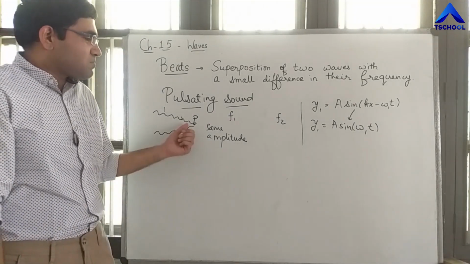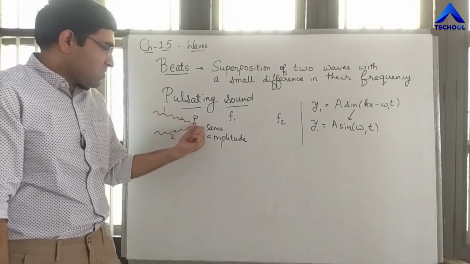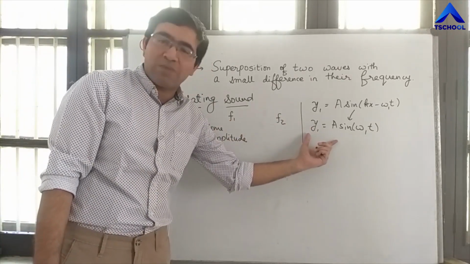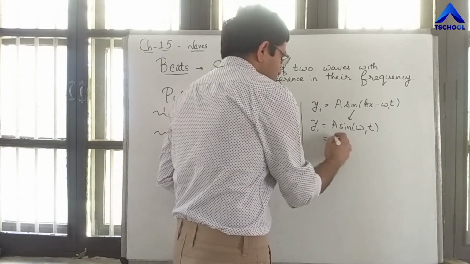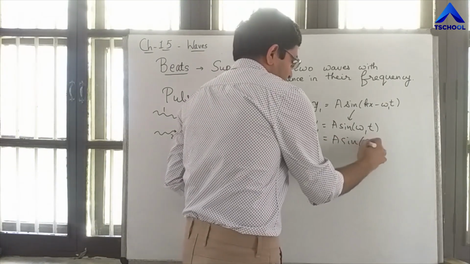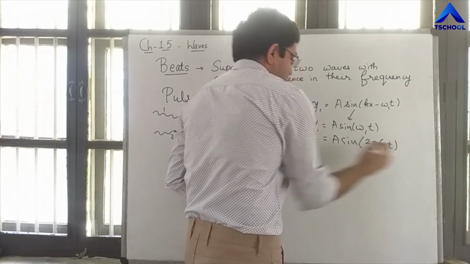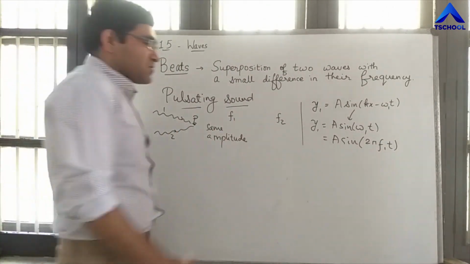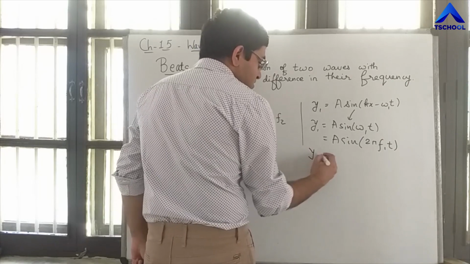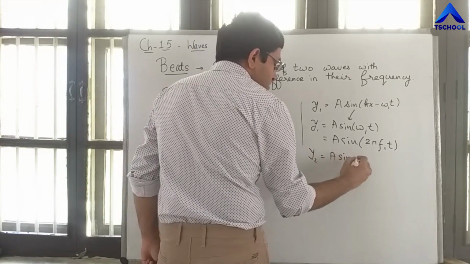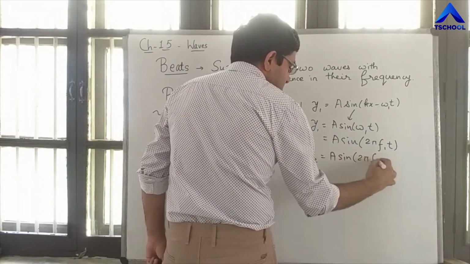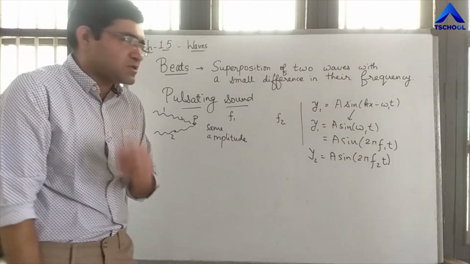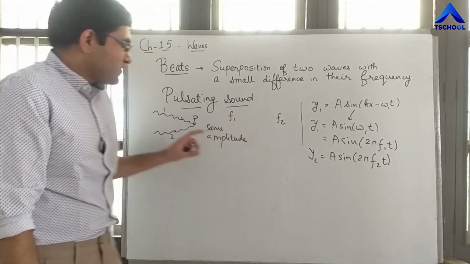So the displacement caused due to the first wave at the point P is now given by y1, which is a sine omega 1 t. Obviously you will also put omega 1's value and write this as a sine 2 pi f1 t. And now, just like we did for the first one, due to the second wave, the displacement of the particle can be written as a sine 2 pi f2 t.